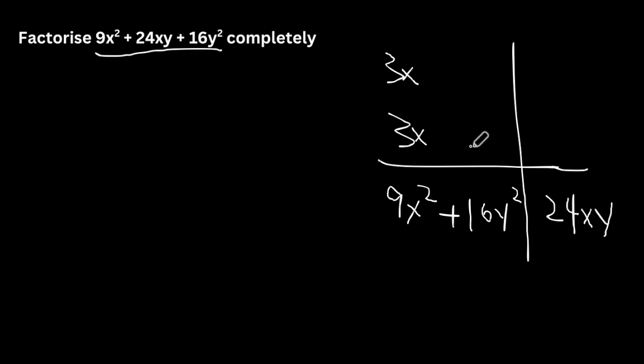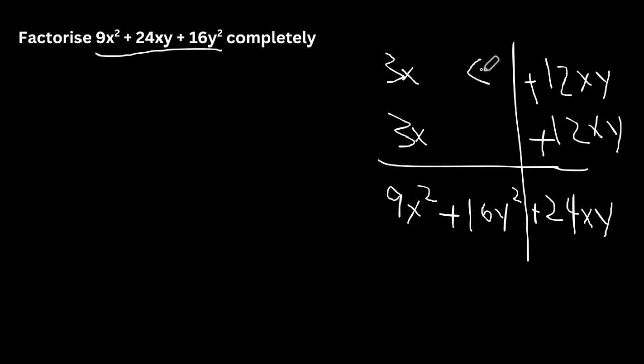So what numbers can you multiply 3 by that will add up to 24? So 3 times 4 gives you 12. 12 plus 12 gives you 24. So 12xy here, 12xy here. And let's be careful with signs. It's plus 24. So plus here, and so you have to do 4y.